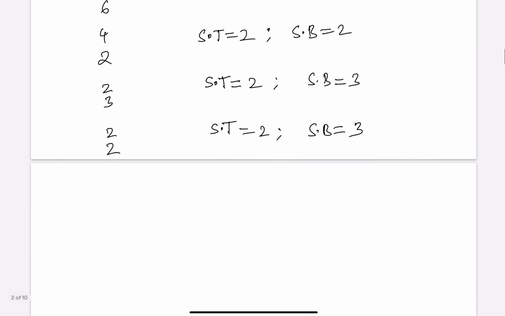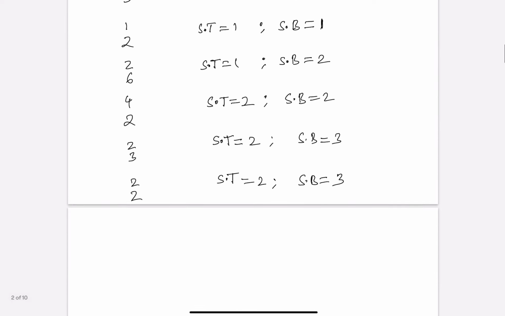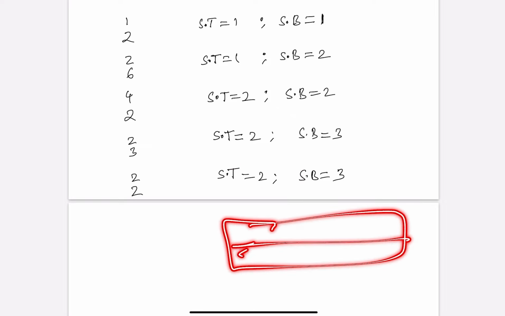And let's say we get the cases. To get a top row of 2 2 2 2 2 we have to swap 2 times. To get a bottom row we have to swap 3 times.